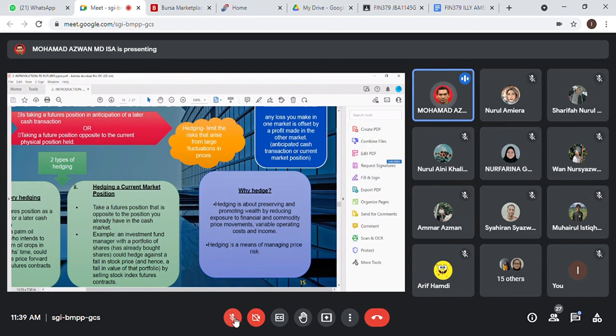If you are a seller of the underlying asset, your risk is falling price. So your hedge depends whether you are a buyer or a seller, because both buyer and seller have different price expectation. Yang saya explain tadi, bullish or bearish, price up or price down. Okay, faham kan?